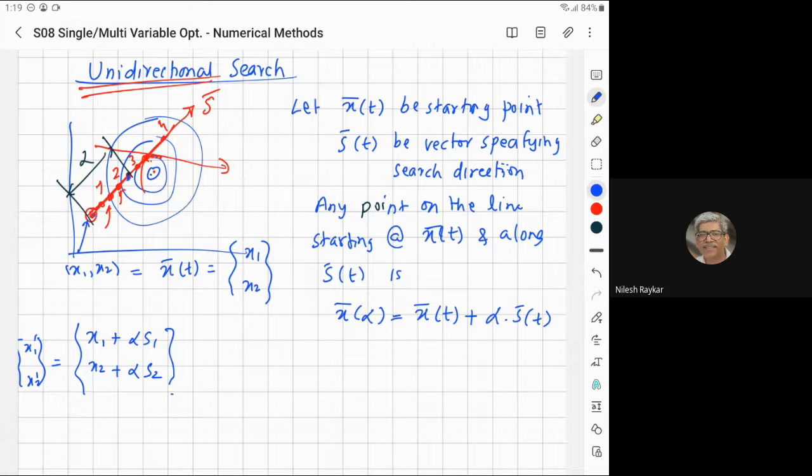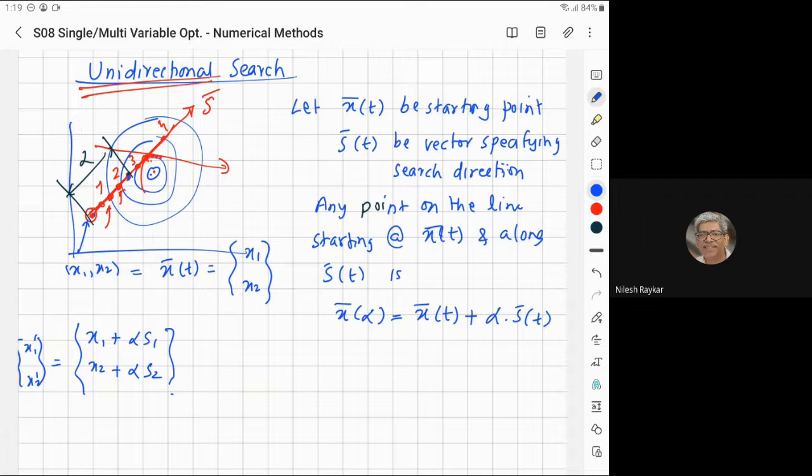Here the function doesn't come into the picture. With respect to the starting point, we are just finding another point which is along a particular direction. We have not yet introduced the function at this point. We have just introduced a method by which any point along a particular direction can be written in terms of a single parameter.